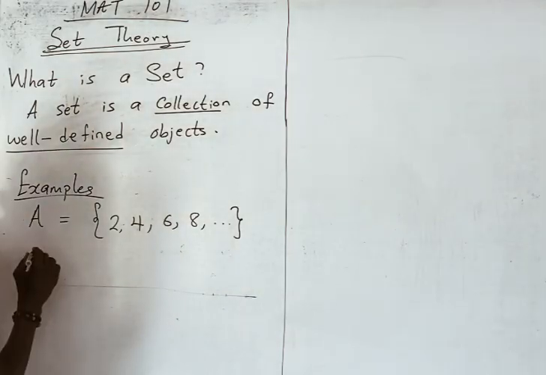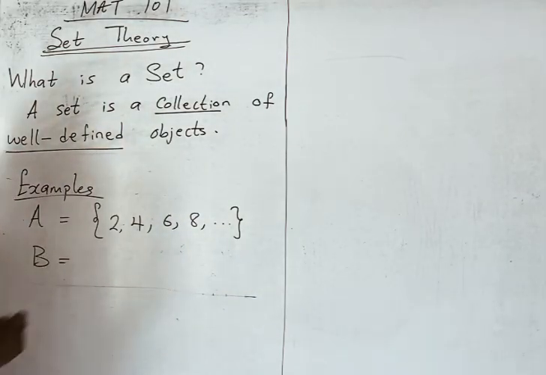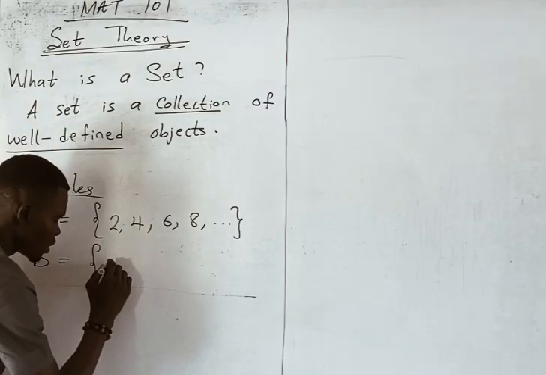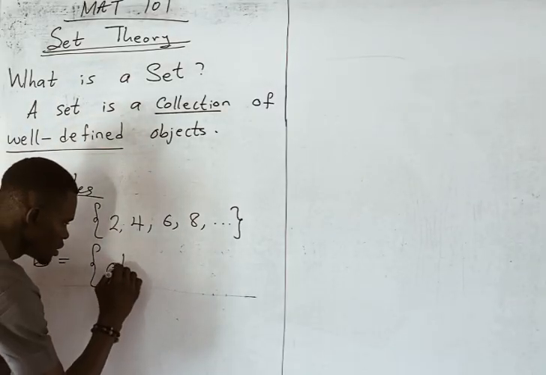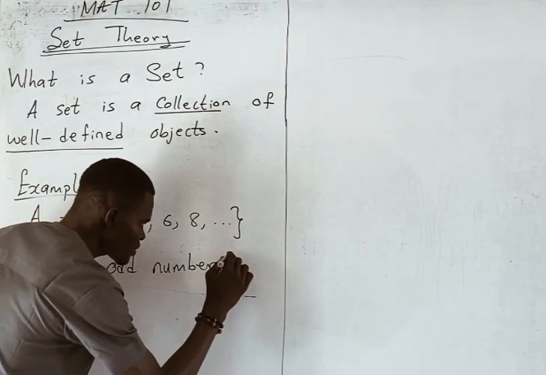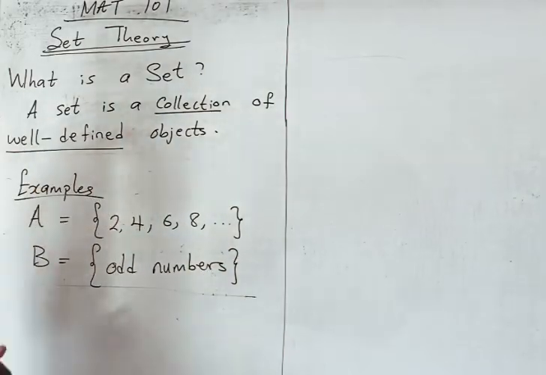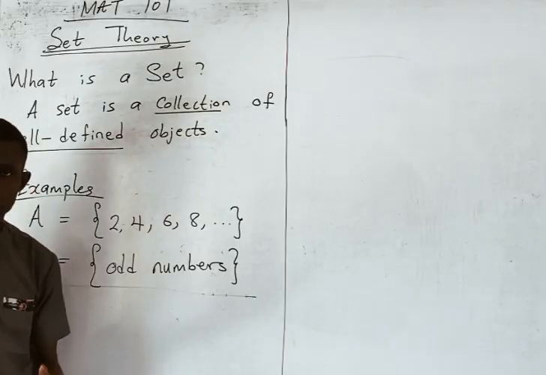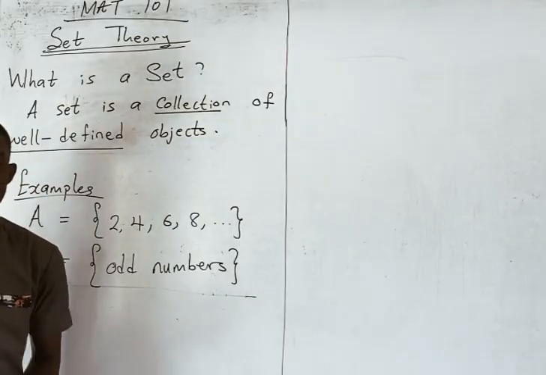But let me say our set B is a set of odd numbers. I believe you will not tell me that 6 or 10 is an example of an odd number.